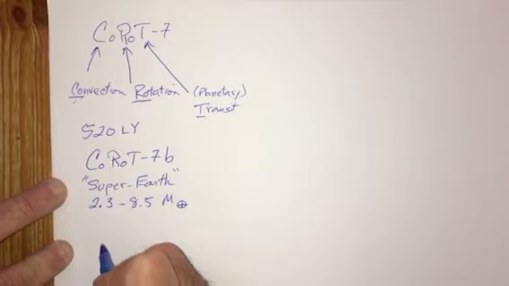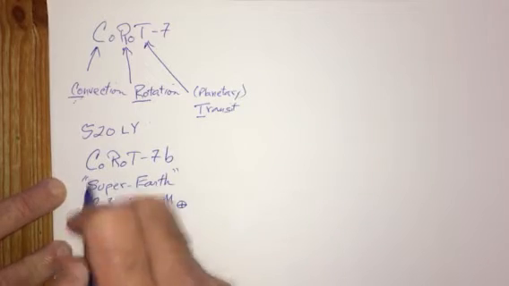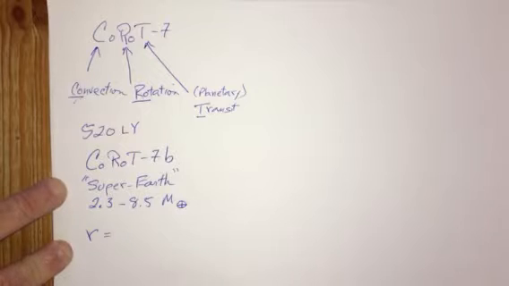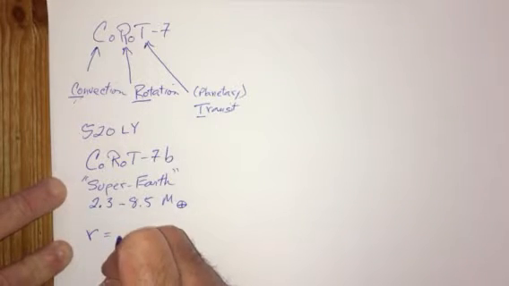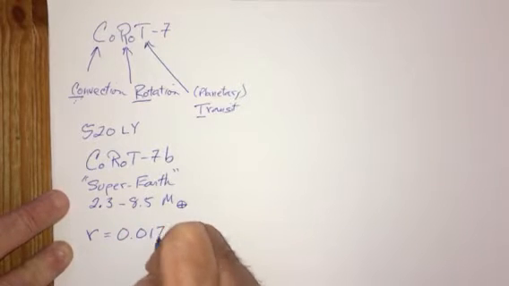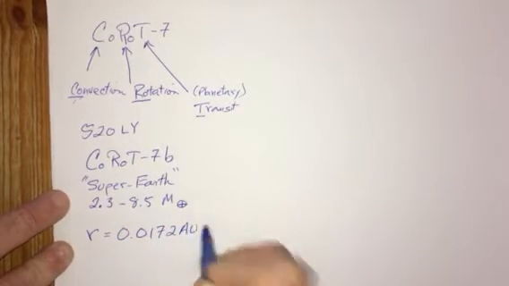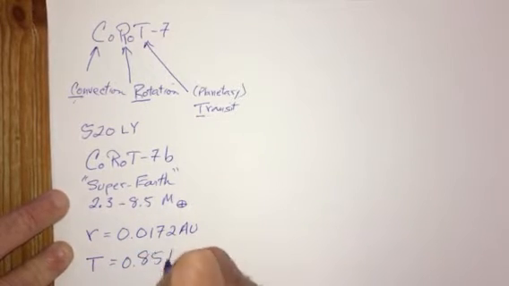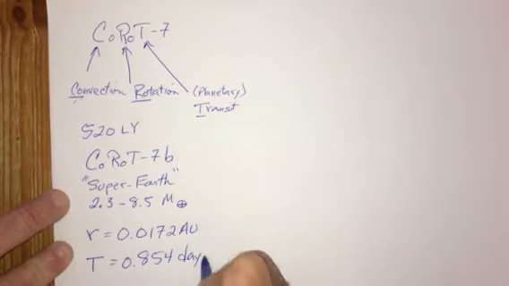Okay, so as it turns out, the orbital radius, or in other words, the semi-major axis of this star, is 0.0172 astronomical units, and the period of the orbit is 0.854 days.